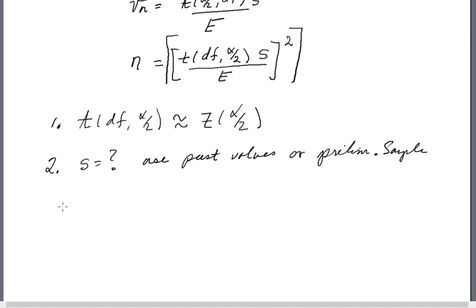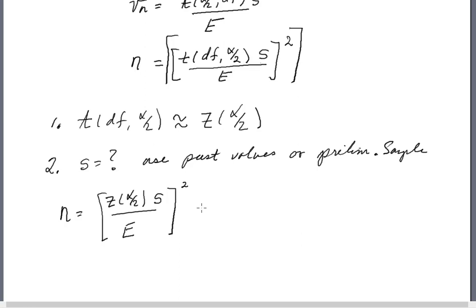Now what do we have? Now we've got n equal to z alpha by 2 times S from our preliminary sample over E, squared, and we would have values to plug in for all of those. We plug those in, do the arithmetic, square it, and we know how big n is.